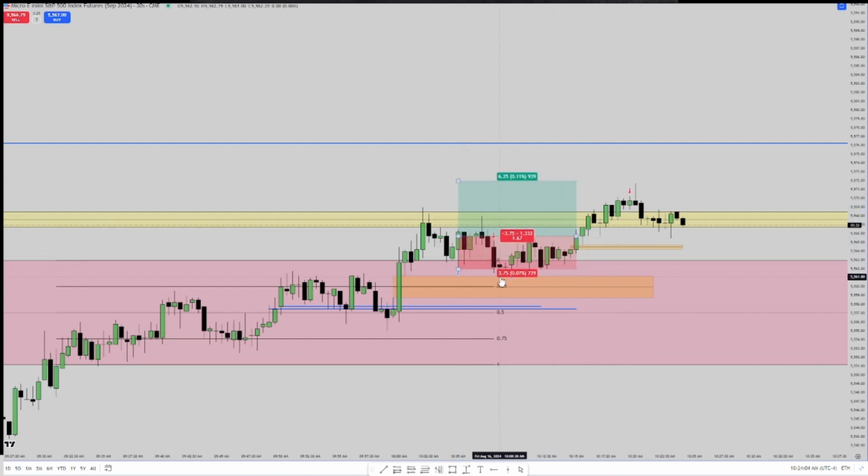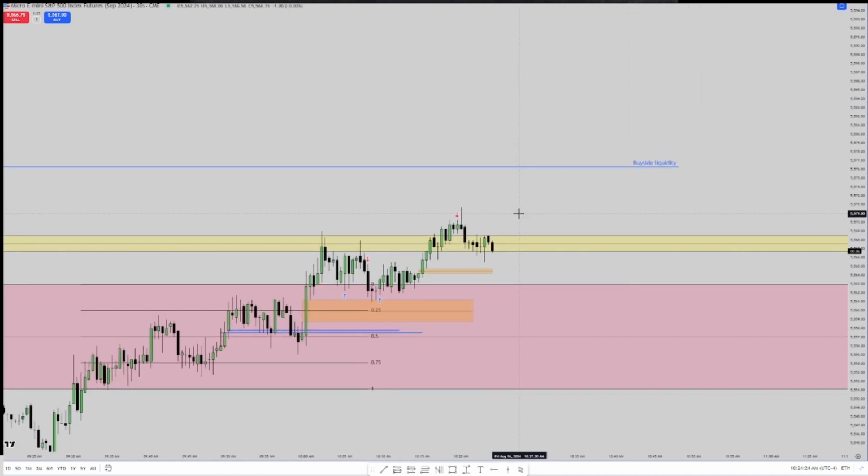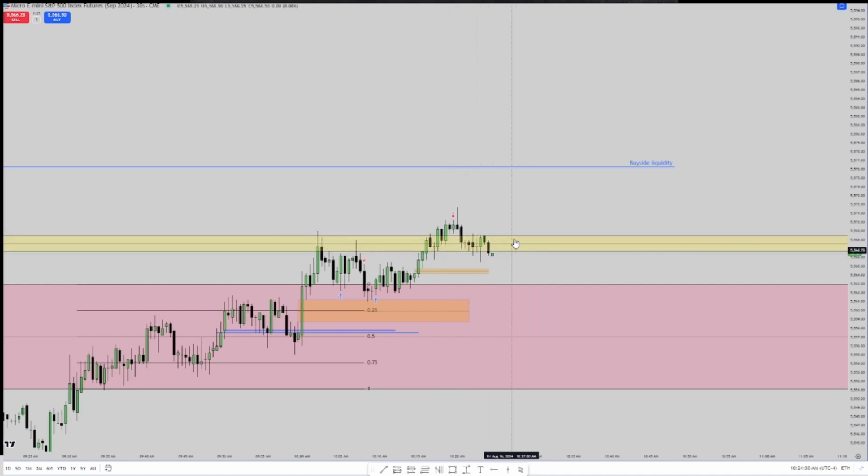So that's a 3.75, give or take 1 or 2 quarters, and that was a loss. So we made that up with taking that 25 ticks, or 6 1/4 handles. You can see how price is reacting. Just as a note, you can see how price is reacting at this level. I'm going to expand this level here.